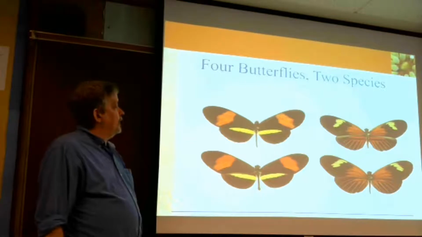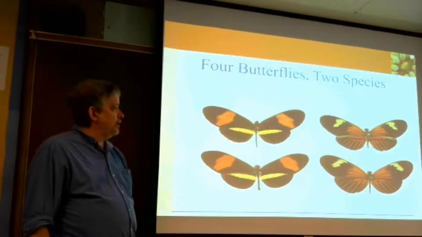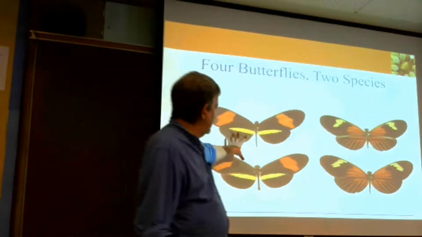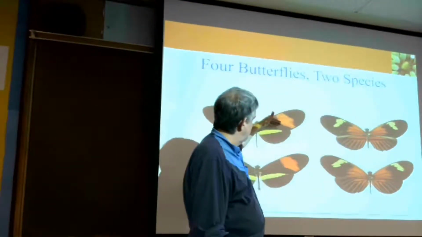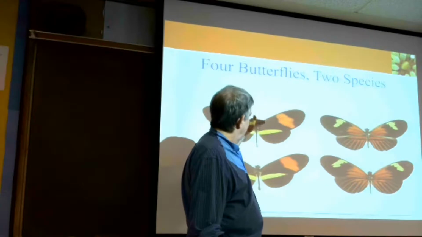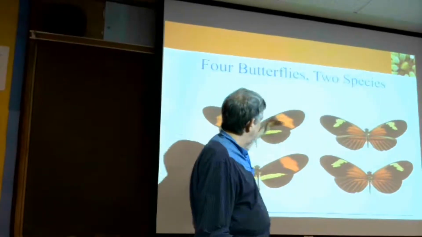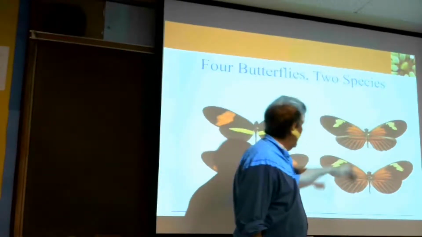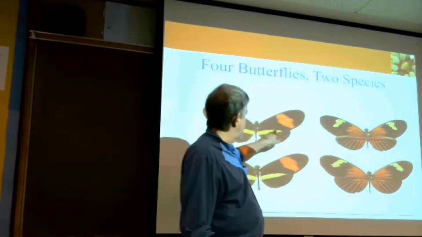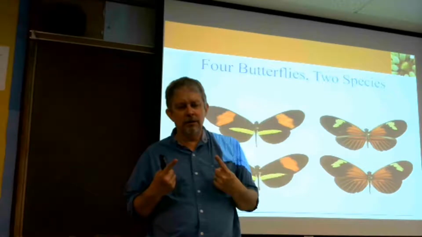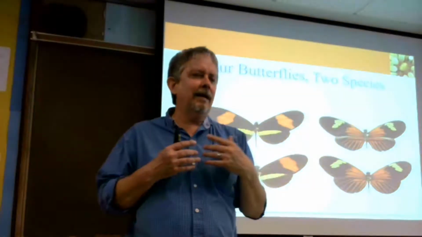Here's 4 butterflies, 2 species. Now you look at this and you think, well, okay, here's one species here, they look the same. Here's one species over here. No, these 2 are one species, these 2 are another species. This is the female, this is the male. It just so happens that this species has mimicked this one, because this coloration here tells predators, man, this butterfly tastes horrific.